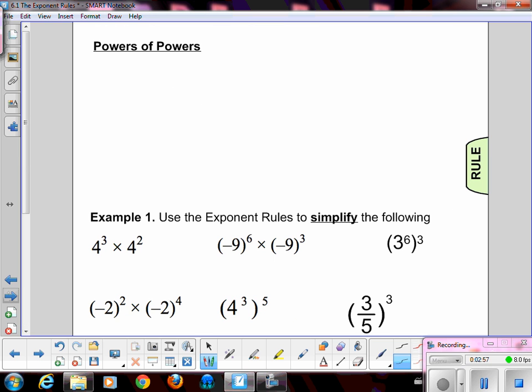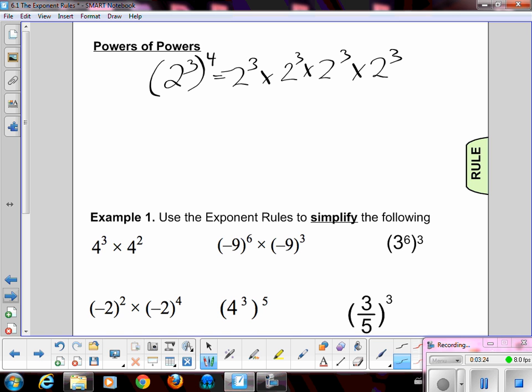Okay? Now, powers to powers. What they mean by powers to powers, so what if I have 2 cubed, all of that to the 4th? What that means is 2 cubed four times. And we know that when we have bases the same when we're multiplying, we would just add those exponents.